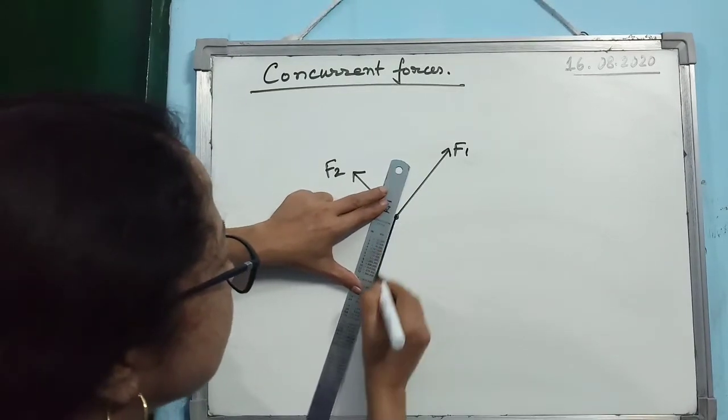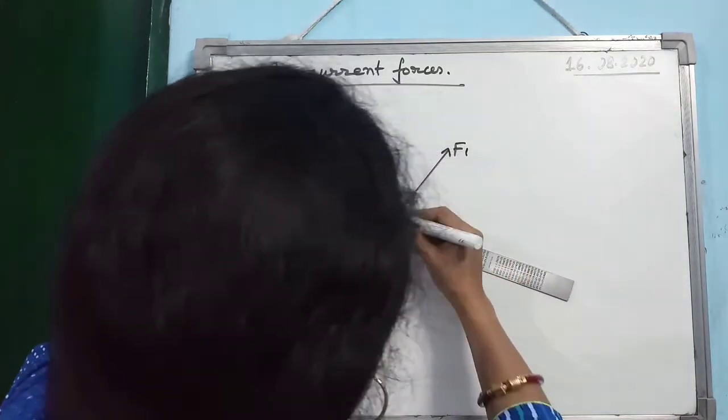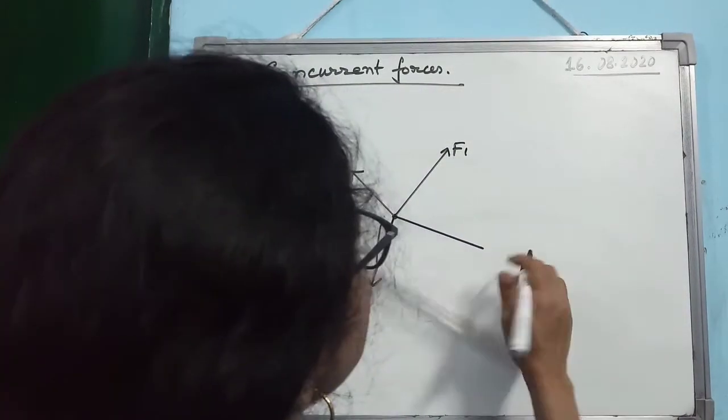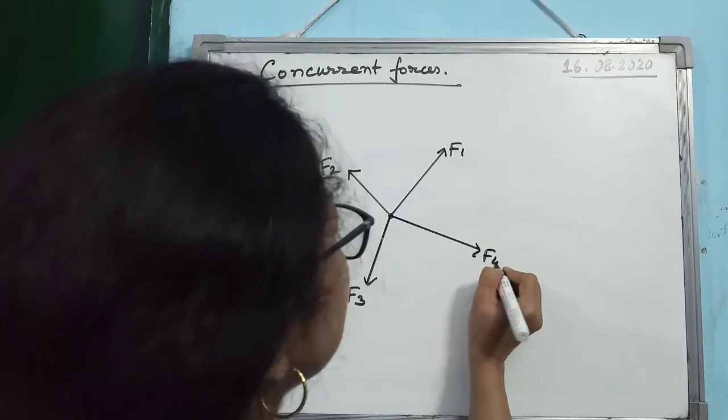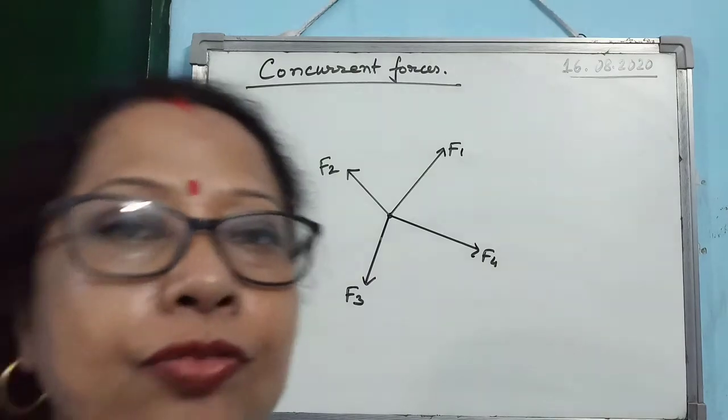Suppose F3 is acting in this direction and F4 is acting in this direction. So F1, F2, F3, F4, if you consider all of them, their point of application is same. So these F1, F2, F3, F4 are known as the concurrent forces.